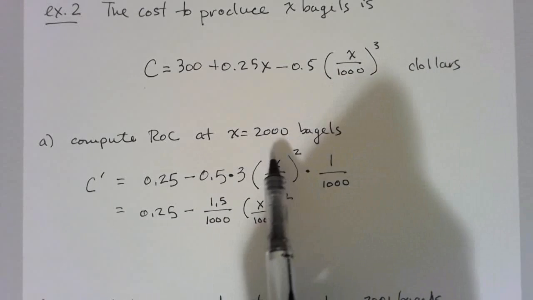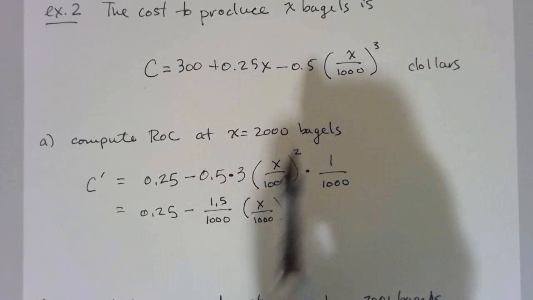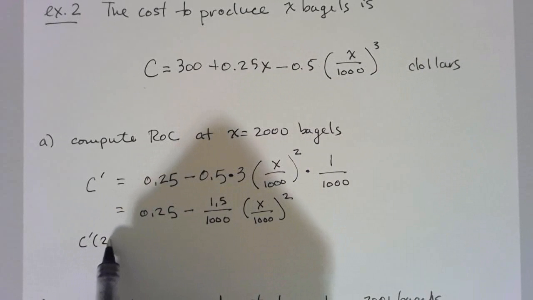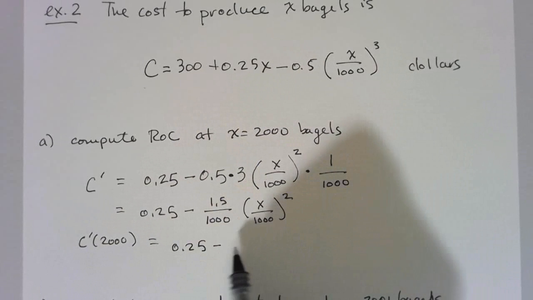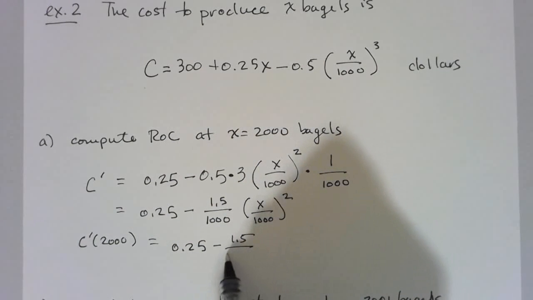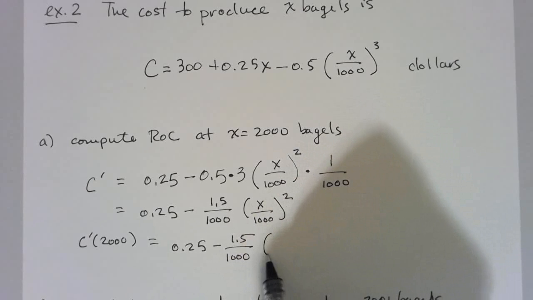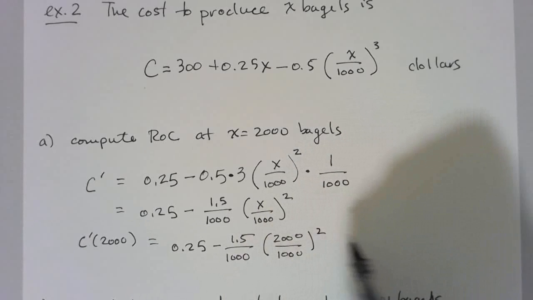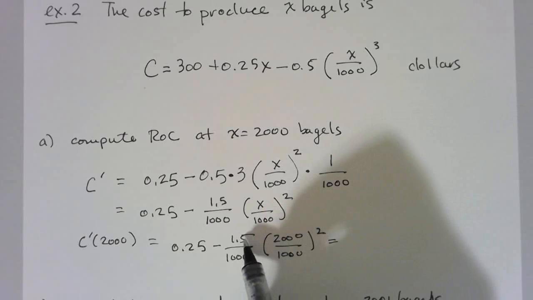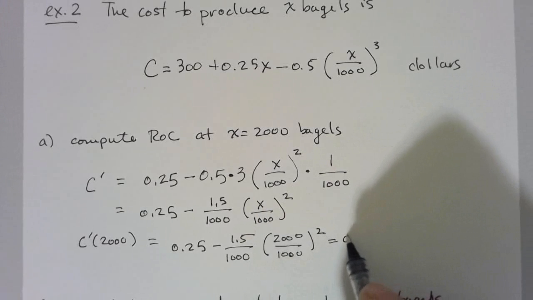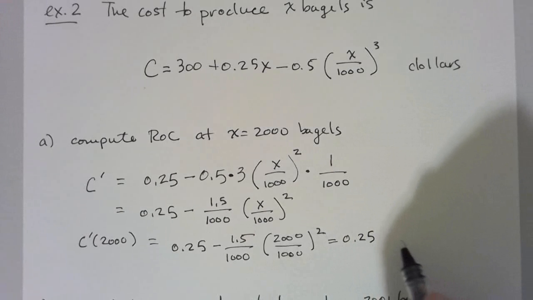Then I need this evaluated at x equals 2,000 bagels. So C prime at 2,000 is 0.25 minus 1.5 over 1,000 times (2,000 over 1,000) squared. So 2 squared is 4, 4 times 1.5 is 6. This is 6 over 1,000, which is 0.006.